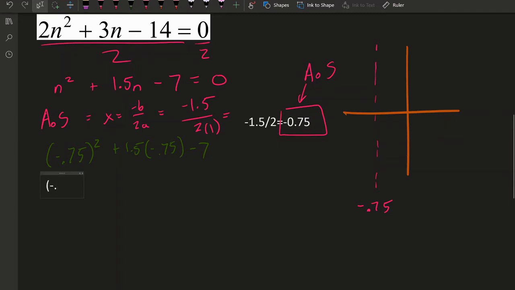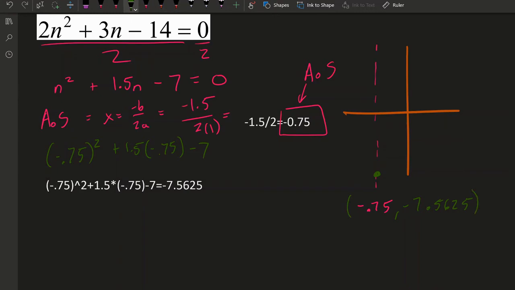Negative 0.75 to the second power plus 1.5 times negative 0.75 minus 7 is negative 7.5625. So I've got my vertex right here, negative 7.5625.